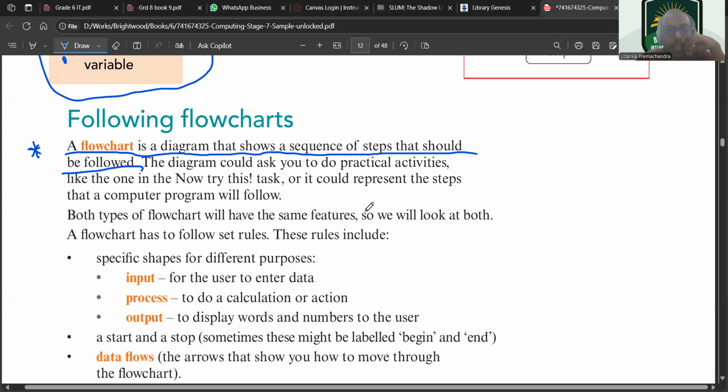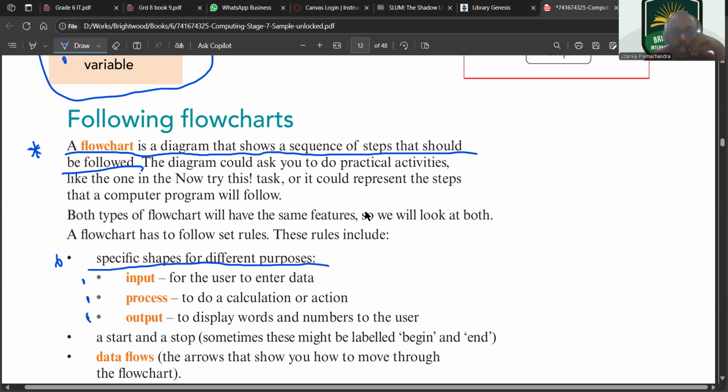In the flowchart, there are several shapes. There is a specific shape for different purposes: for input, for process, and for output. Input is where users enter data.